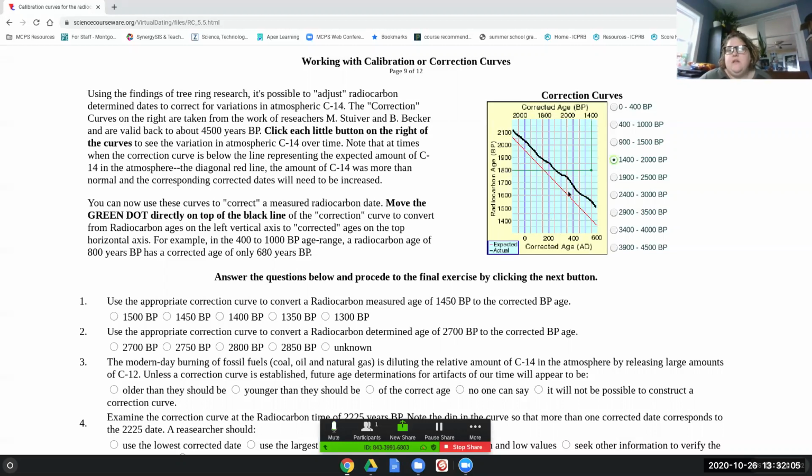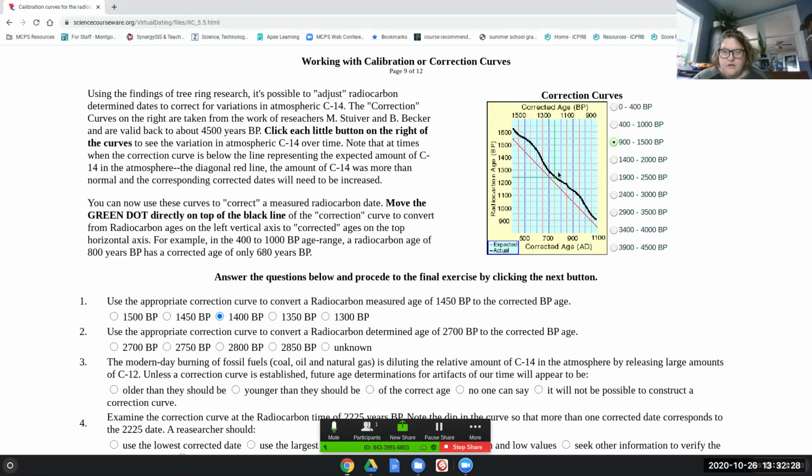Not an option. So let's go down to this one. Oh, that's because I slowly put it here. So 1450 is here, and I want to cross the black line. It's really 1400. And you can check that on here.